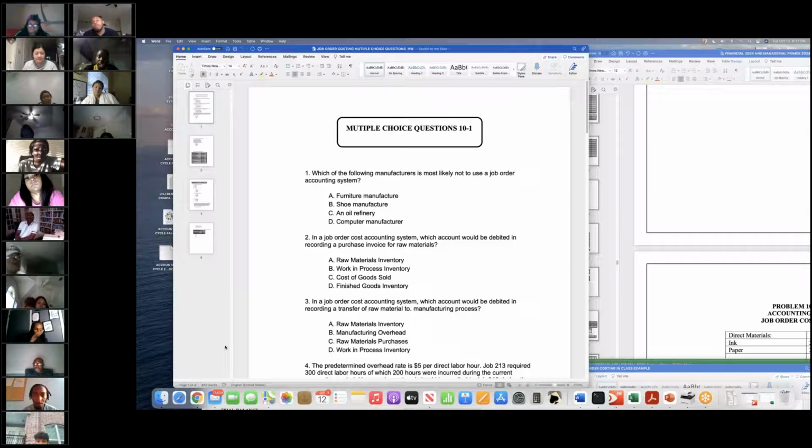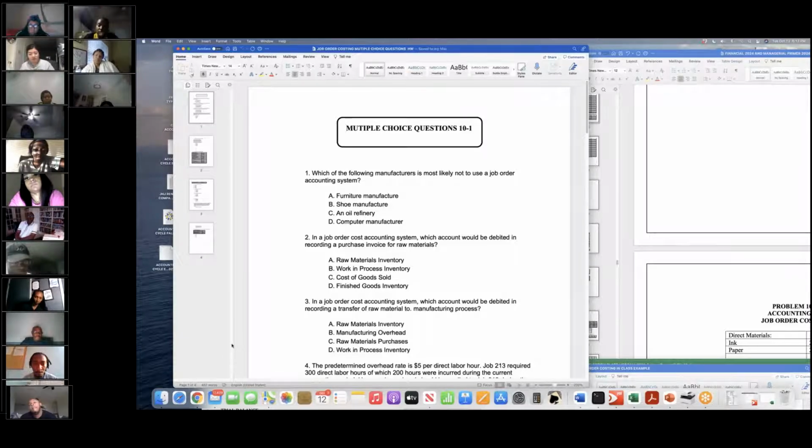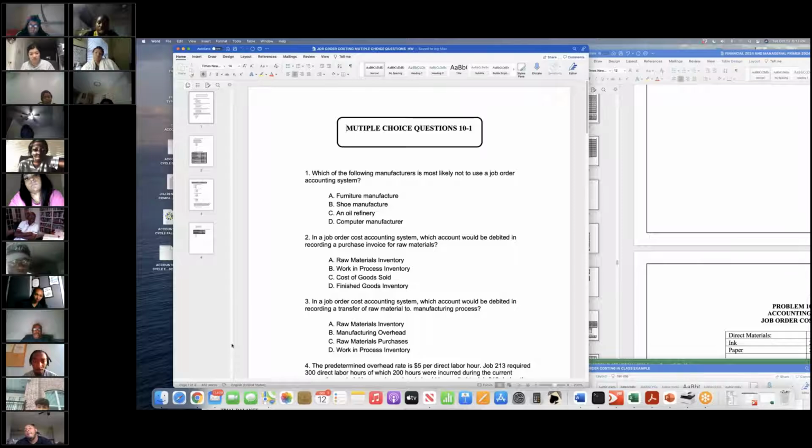D. So B, a shoe manufacturer, would probably do that because furniture, especially made, is going to be priced separately. I chose C for the one to most likely not use it.